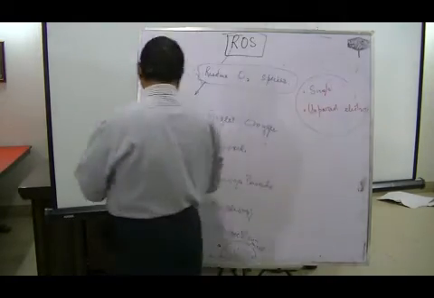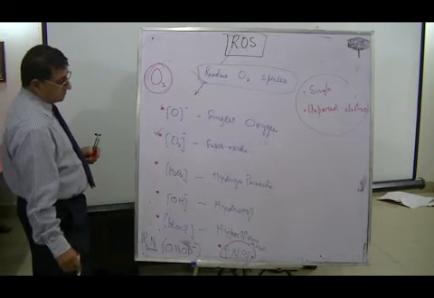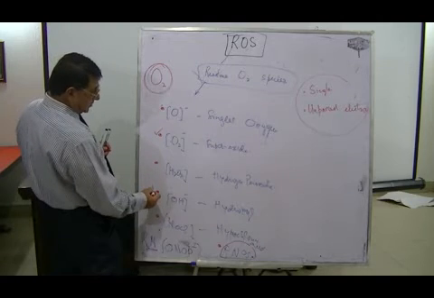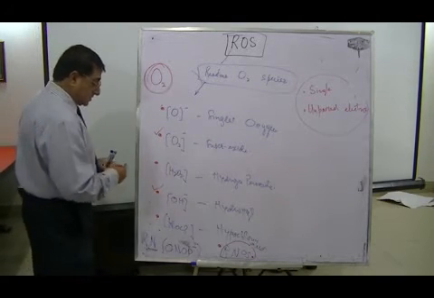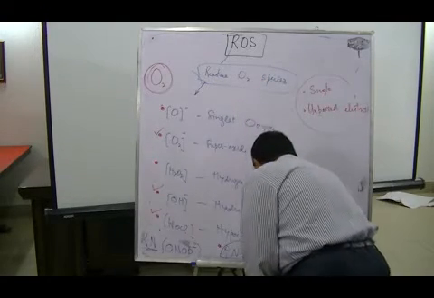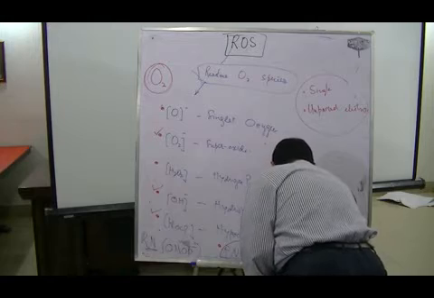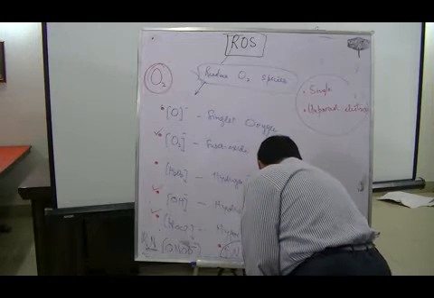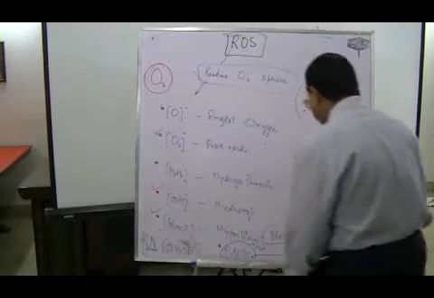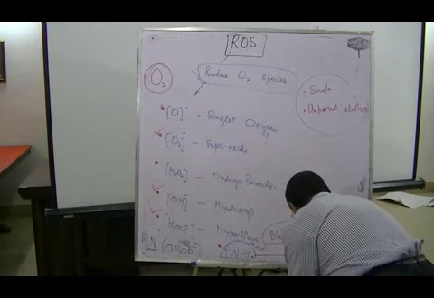Of these, singlet oxygen, superoxide, and the hydroxyl radical are the most notorious. Hypochlorous acid is called bleach. And RNOS is reactive nitrogen species.